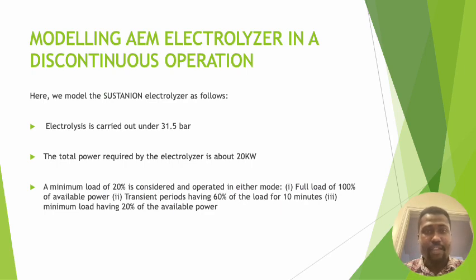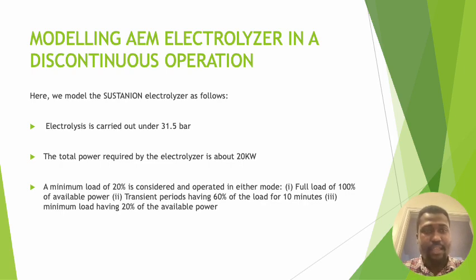To carry out effective analysis in a discontinuous process, we are going to be modeling our electrolyzer with the sustained ion electrolyzer that runs under 31.5 bar, and the total power required to run this electrolyzer is about 20 kilowatts.